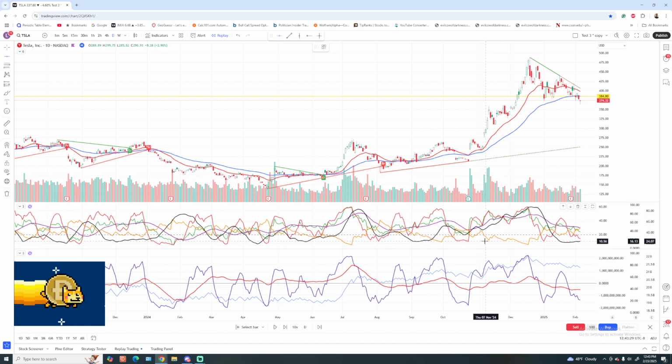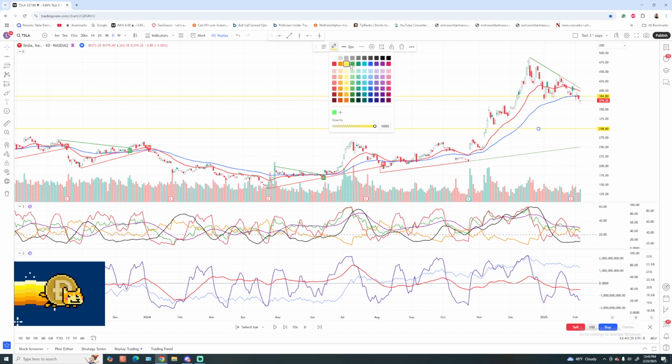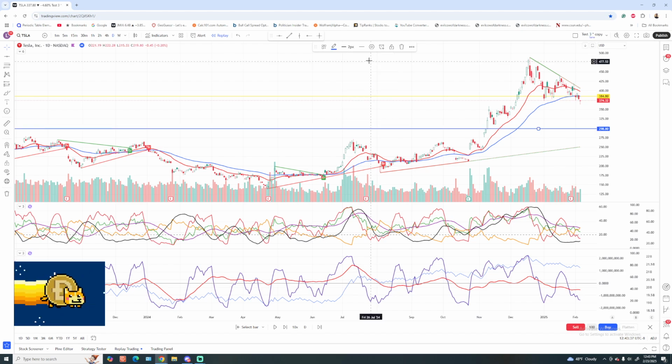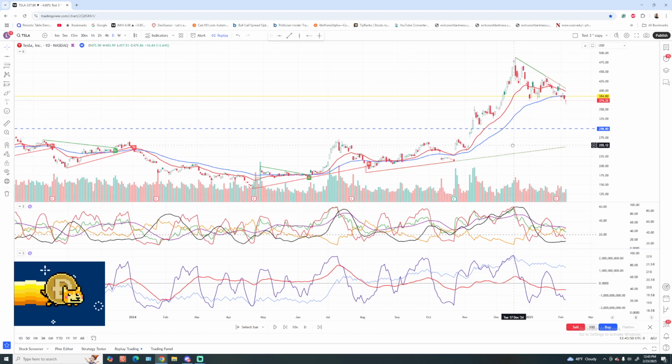But it already broke out a long time ago, so that data is sort of irrelevant. But I like to save it. That's why you see so many lines on my charts. So that was the breakout. Obviously, it broke out. That's old information.